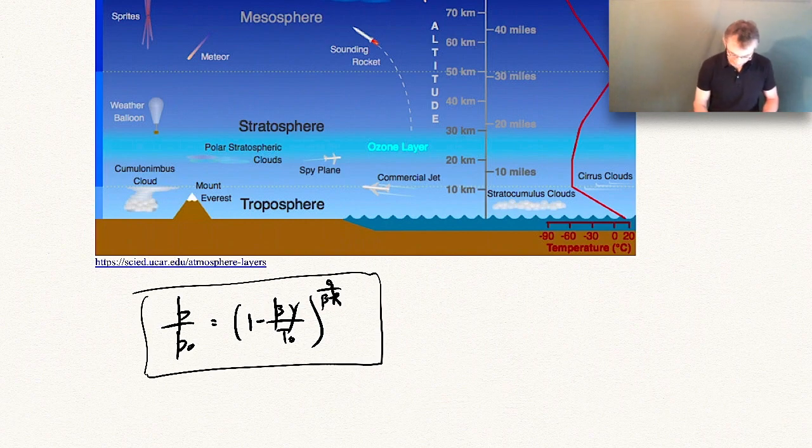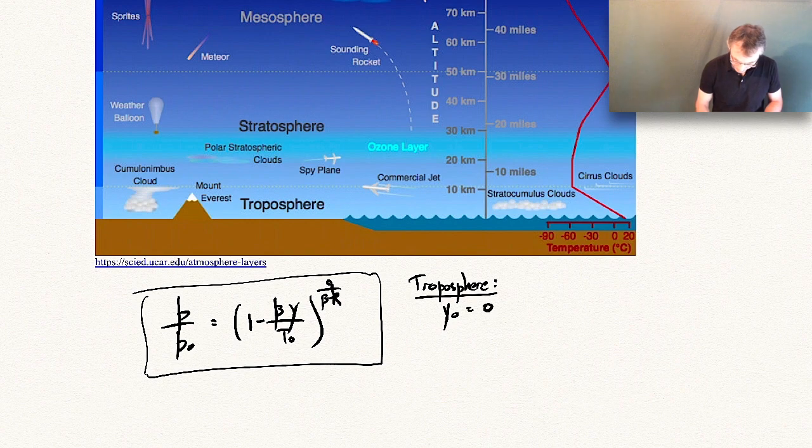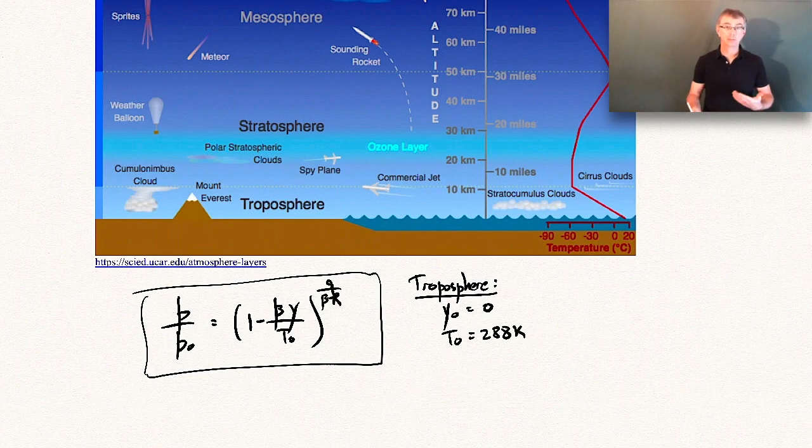And this specifically is for the troposphere. That's the part that we're most interested in, because we're dealing with things close to sea level in most of our engineering applications. So in the troposphere, the y naught was 0 because it's going from sea level. The T naught is 288 Kelvin or 15 degrees C. So that's our standard atmosphere.